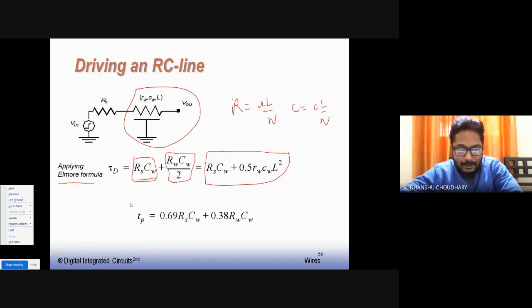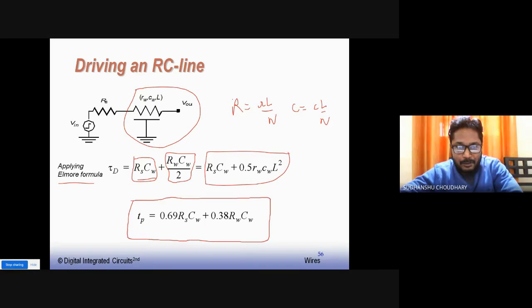And if you go by the lumped model and the distributed model, so if I say that this C is now lumped, so this becomes 0.69 RSCW because of lumped model, and because of distributed model for this, it becomes 0.38 RWCW. So two delay formulas can be arrived at.